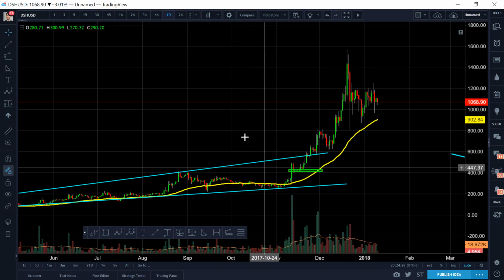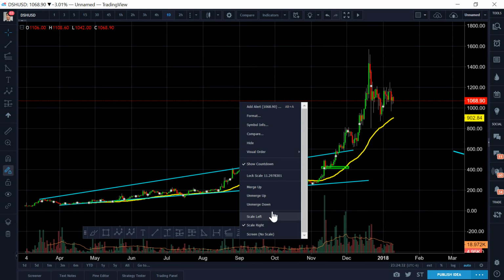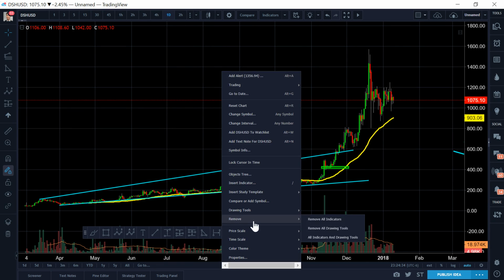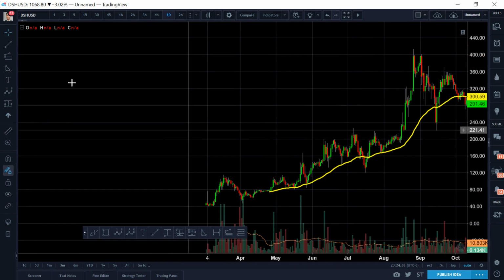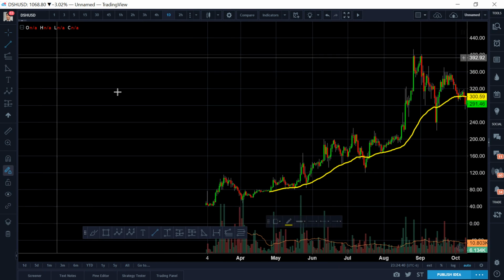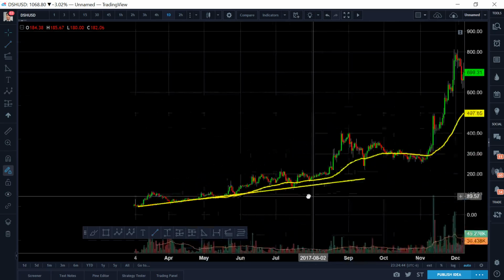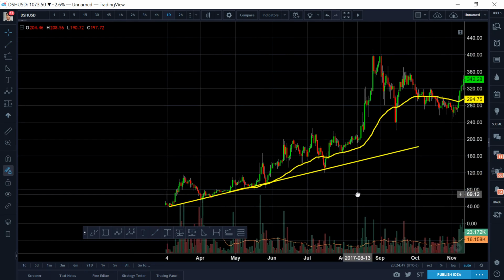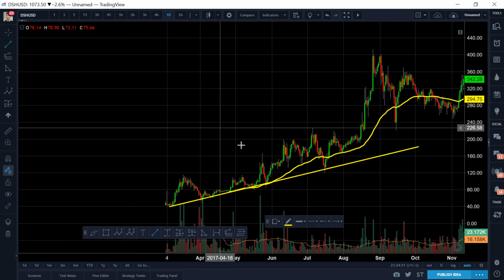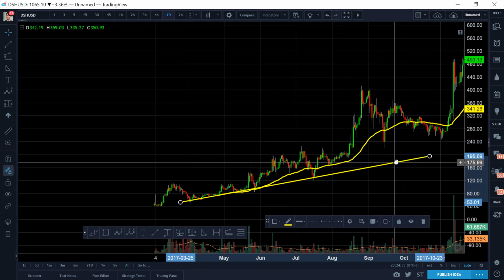Ready? This is Dash, which is now over a K. All right, right here. Actually, this one wasn't right the way I drew it.